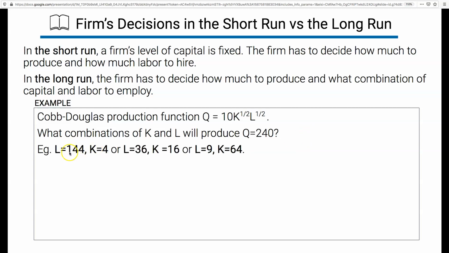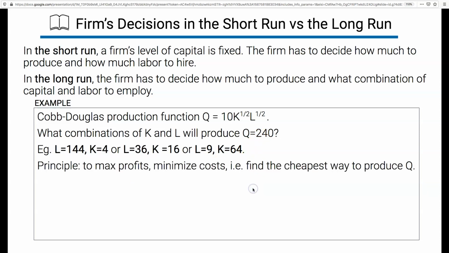For example, if you take 144 units of labor and 4 units of capital, you'll get 240 units of output, or take 36 labor, 16 capital, or take 9 labor, 64 capital. All these combinations will result in exactly 240 units of output given this production function.